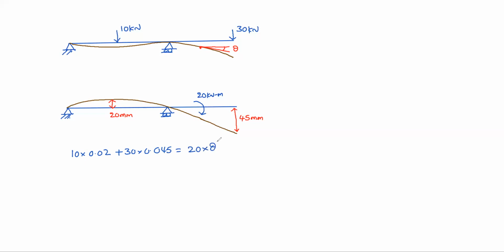So that is 10 into 0.02, that means 0.2, plus 45 into 3 is 135, right? 1.35. 1.35 equal to 20 theta. Theta equal to 1.55 by 20, which is equal to 0.0775.